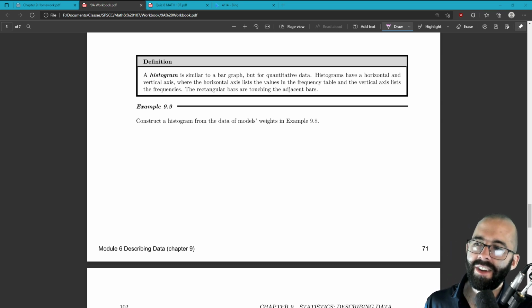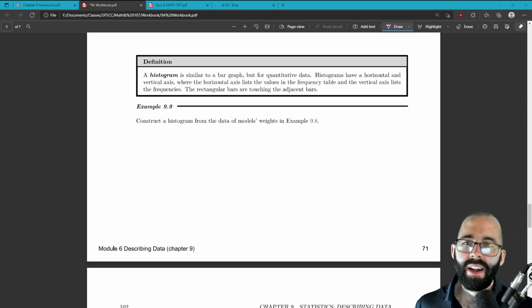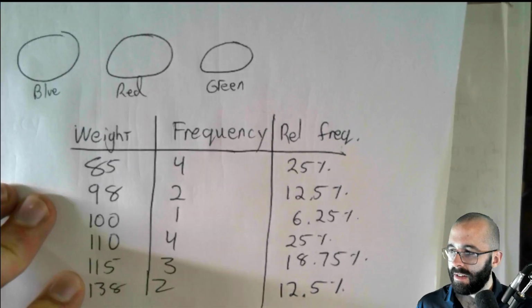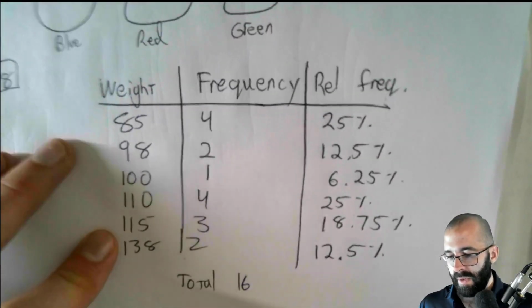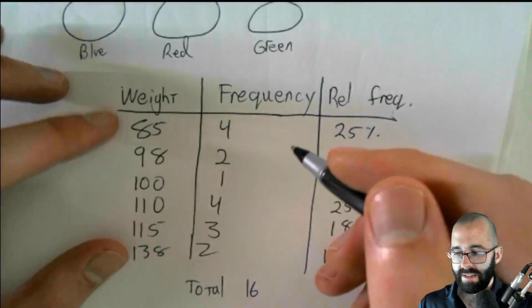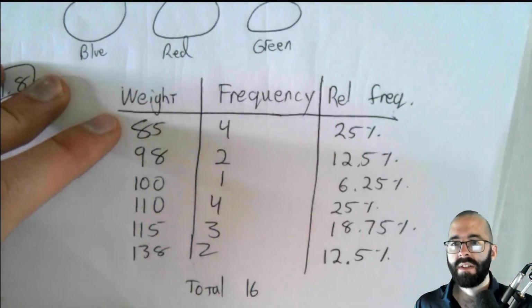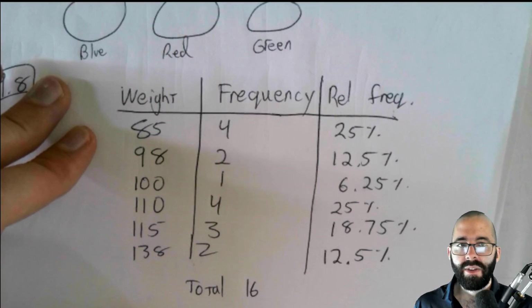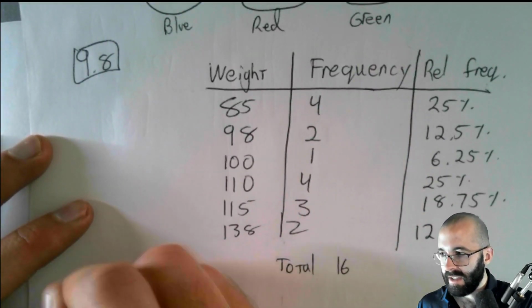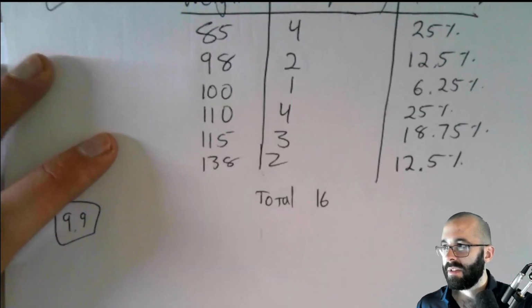Most histograms are not constructed like I'm about to construct this next one, but I do want to follow the book as closely as possible. Usually we organize these into equal sized chunks, but we're not actually going to do that right here for 9.9. We're just going to list each value kind of like a bar chart.